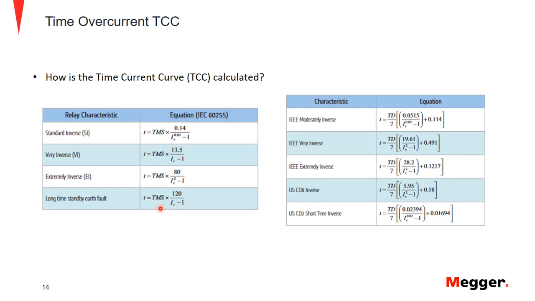These are in all of the manufacturers' specifications. If not most, if not all relay manufacturers will have the TCC curve calculations listed in their manuals. They also provide some custom settings, so it will allow you to derive your own custom time current curve if you see fit to do that.